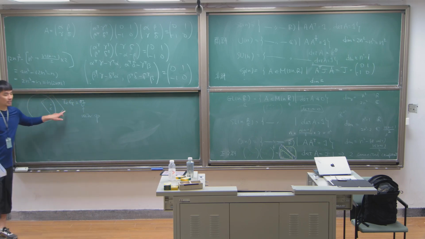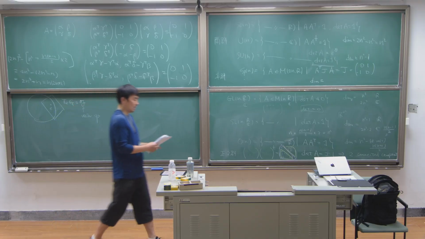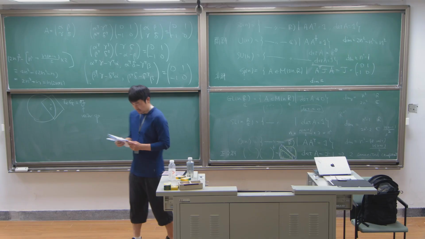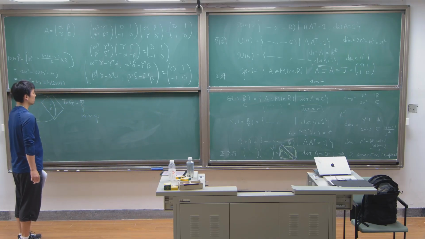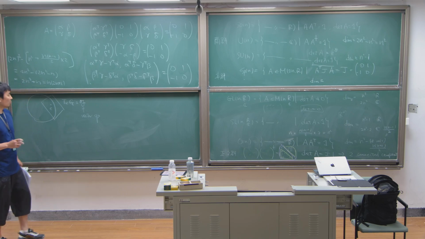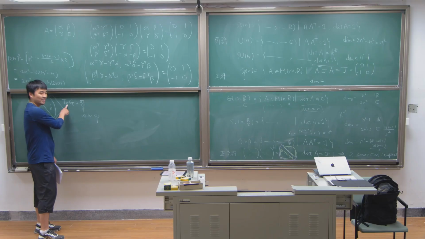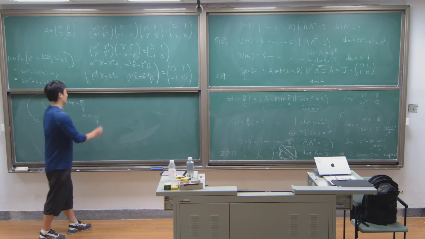How to say identity element in Chinese? 单位元. Okay.